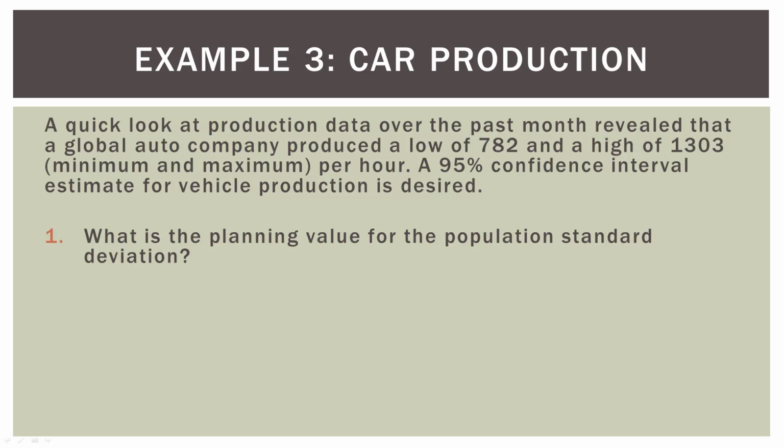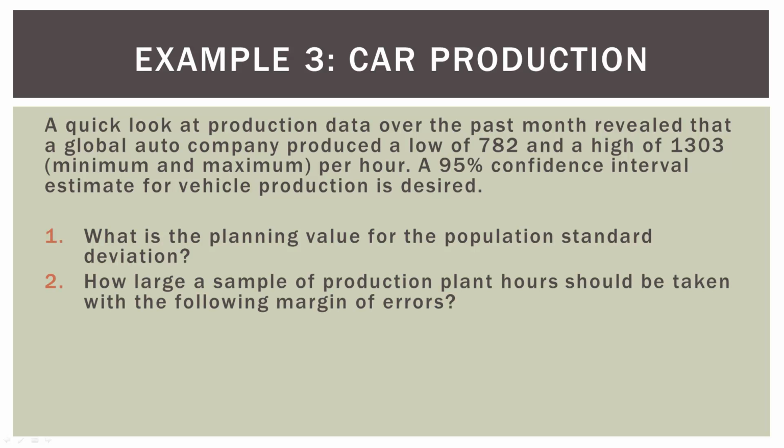So, what is the planning value for the population standard deviation? And number 2, how large of a production plant hour sample should be taken with the following margins of error? If we wanted to take a sample of any given hour across the globe, how many of those samples will we have to take with the following margins of error?